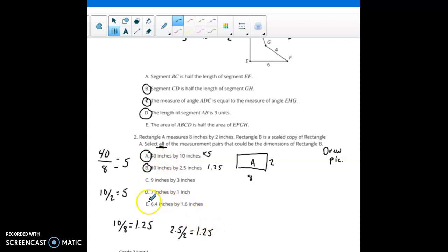The next one that is true is E. We're going to do the same thing: 6.4 divided by 8 and 1.6 divided by 2. Both of these answers are 0.8. So this one is times 0.8, and it is true. If you divide these other ones, you don't get the same answer, which makes them false.